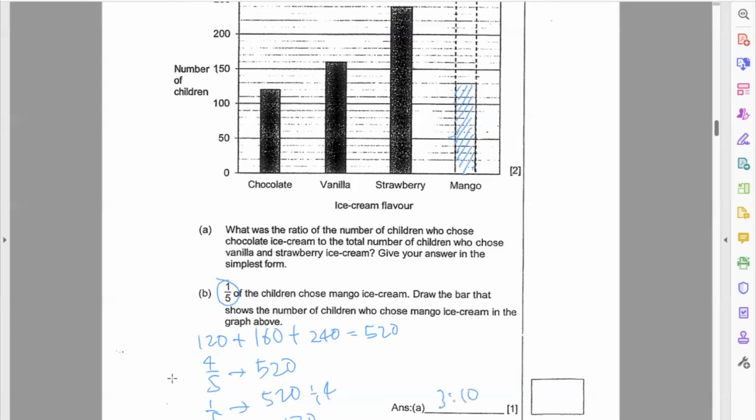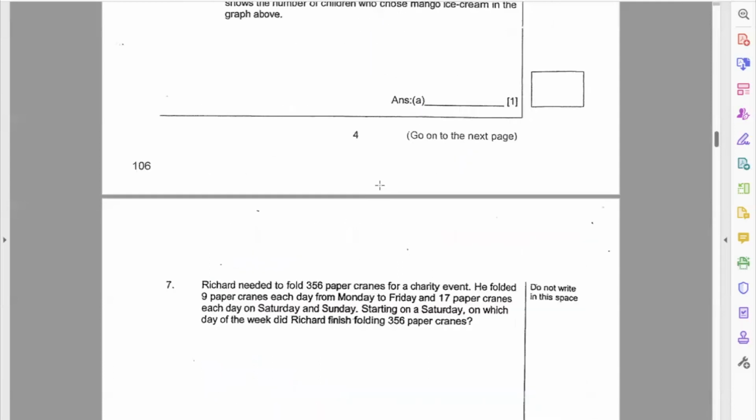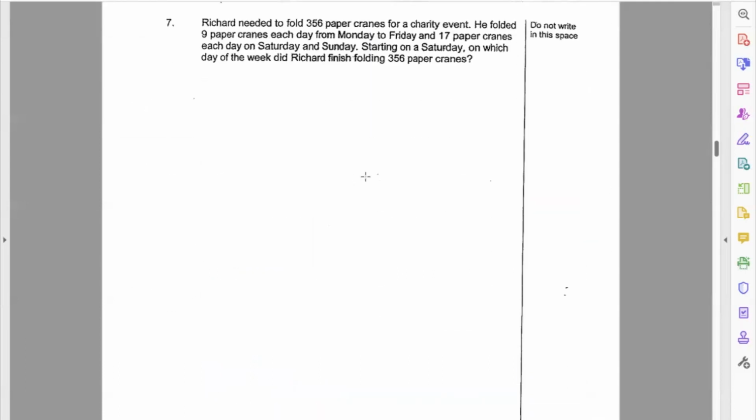Let's continue with question number 7. Richard needed to fold 356 paper cranes for a charity event. He folded 9 paper cranes each day from Monday to Friday, and 17 paper cranes each day on Saturday and Sunday.